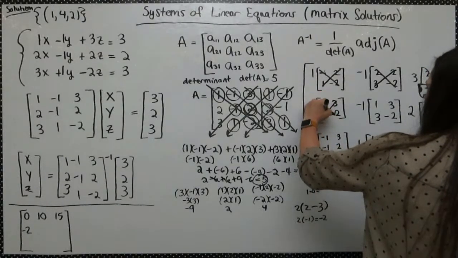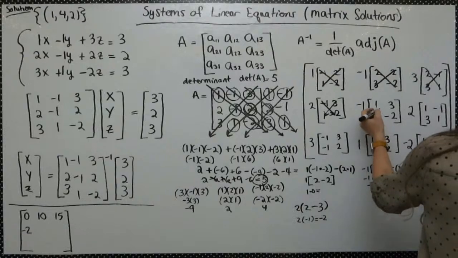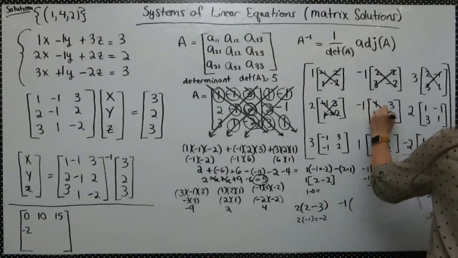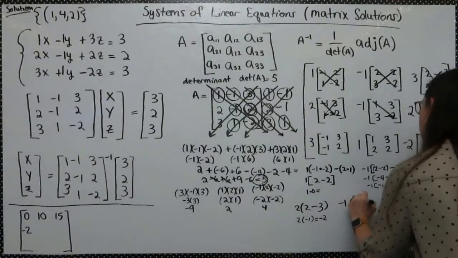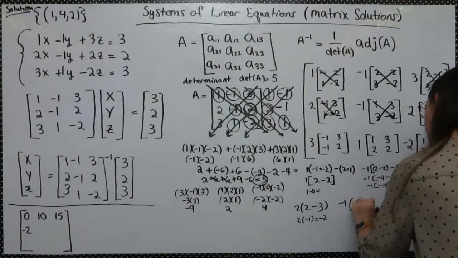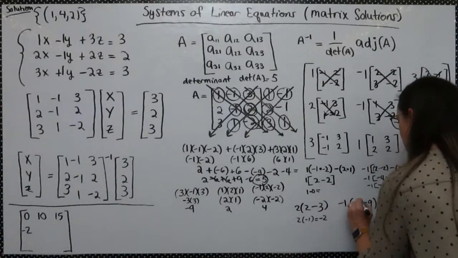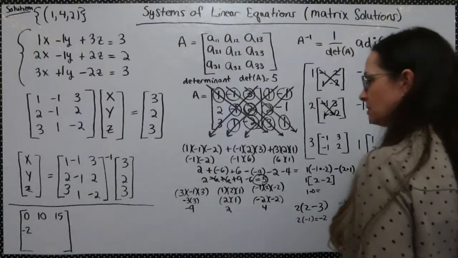So it's 3 times 1. And then -1 times -2 times 1, which is -2, minus 3 times 3, which is 9, is giving me -1 times -11. So that's going to be +11.